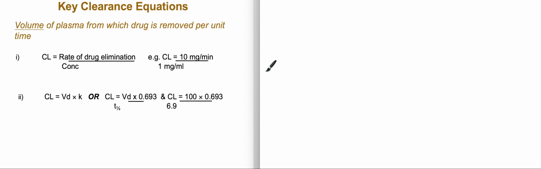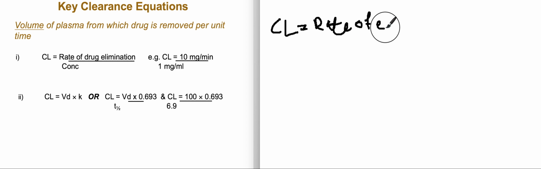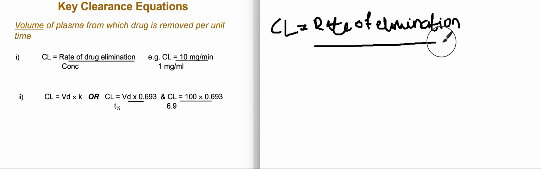Now, clearance can be determined by rate of elimination divided by concentration.